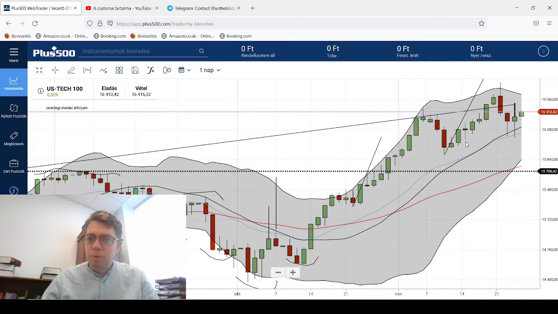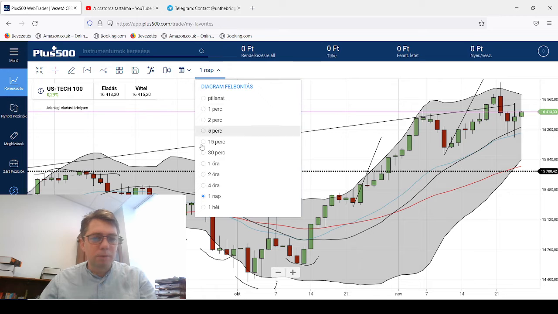We have a low here, we have a higher low, we have a high here, a higher high, and probably we bounce back and we are going to build a higher high. So this is very bullish. We came back to the 20-day EMA for the first time since this bull run started, and we did not even come back to the 50-day EMA.